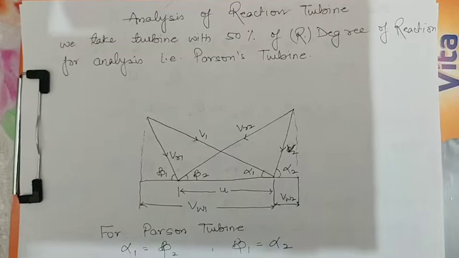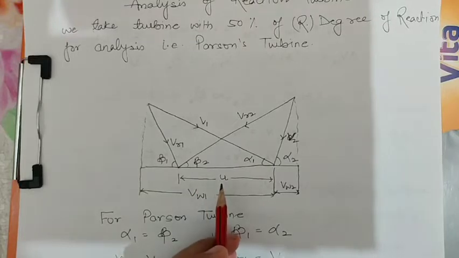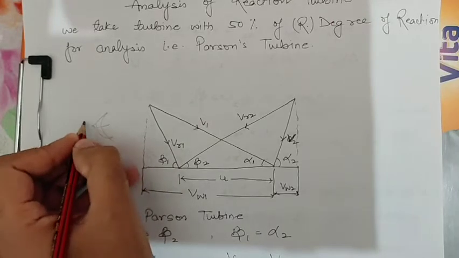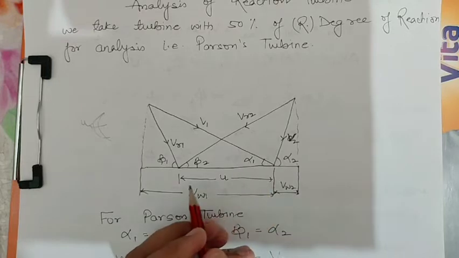Like the impulse turbine, the diagram is somewhat similar to that of the impulse turbine. This U is the mean blade velocity. Suppose this is a blade, and this is the U, the mean blade velocity.